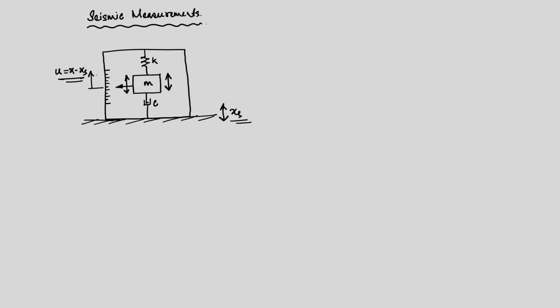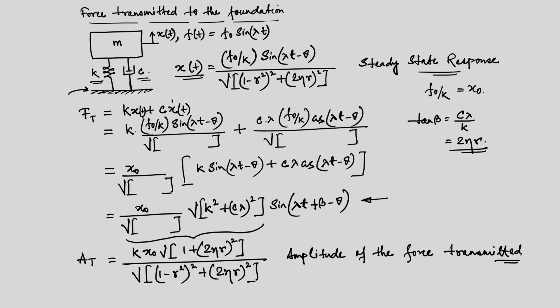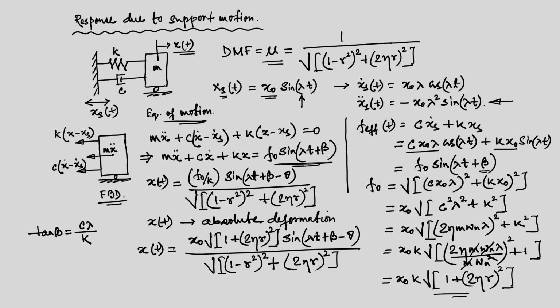Now, if we find out the peak relative response, you can easily tell me that it is u divided by x_s0, and this quantity we have already derived. If you recall, I told you we will use this relation.